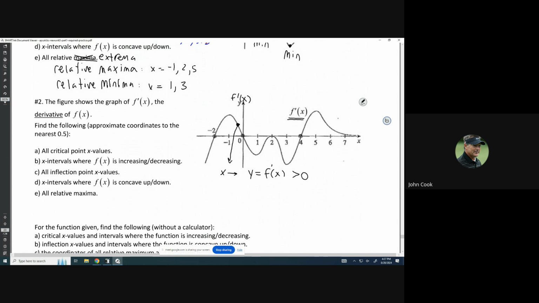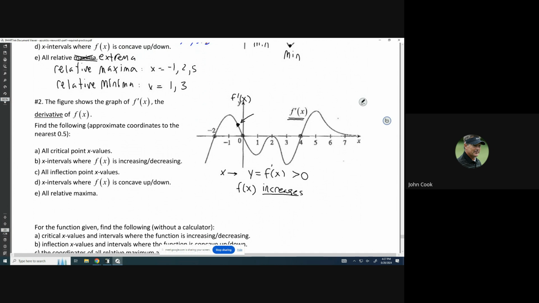And if the derivative is positive, I'm trained to know that the original graph, f of x, which is not graphed here, we don't know what the graph of f of x looks like, but we do know that it's going to be increasing at that point. And why do we know that? It's because at that particular coordinate, the derivative is greater than 0. Okay, the y value, the derivative, is greater than 0. And that's what I know about it, okay?